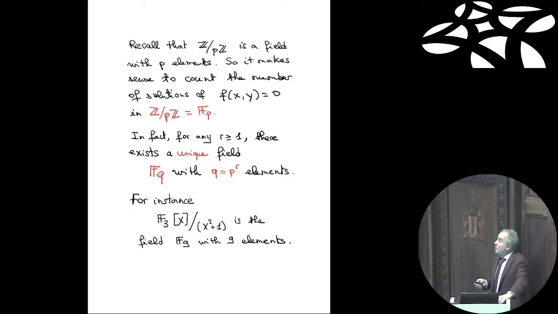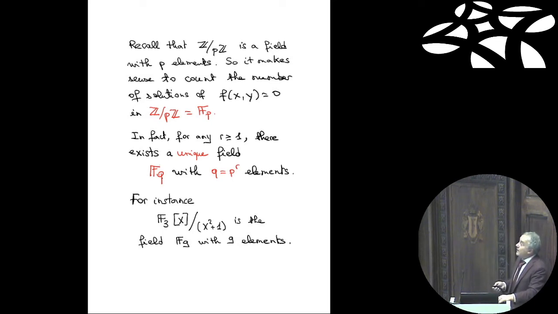And furthermore, it's unique, meaning unique up to isomorphism. And in fact, this is at the same time a source of trouble and richness, because sometimes the whole automorphism group plays a role in the picture, and we have to use that. It's related to what Yves explained in his lecture.